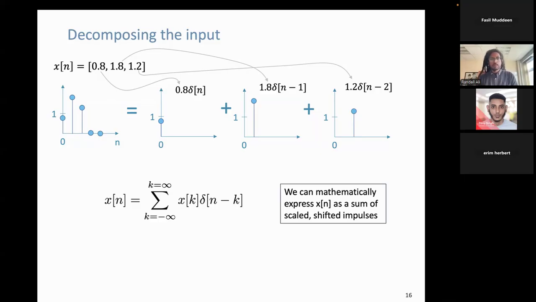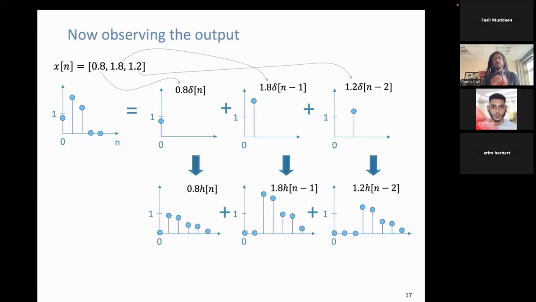Now, what you can think about is, if my input signal can be decomposed as a sum of scaled and shifted impulses, then each of these gives me some scaled or shifted impulse response.